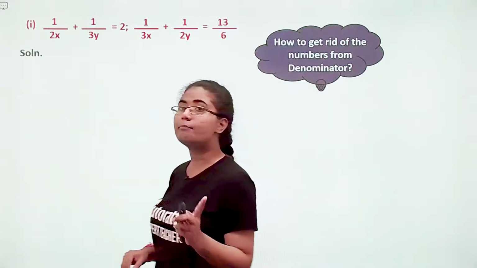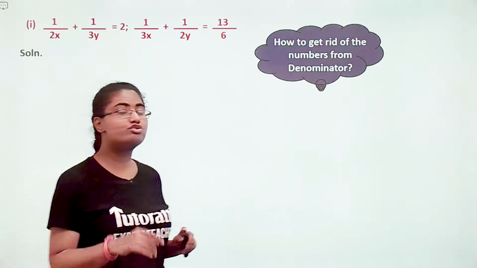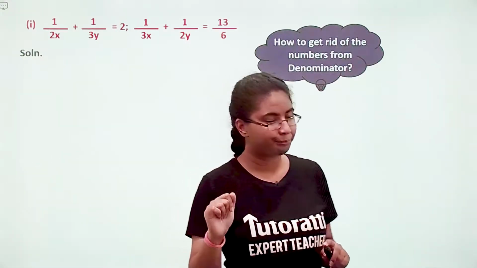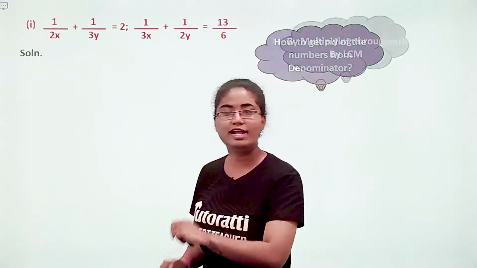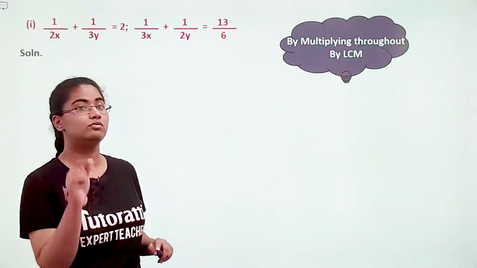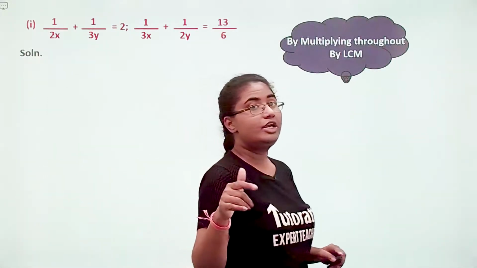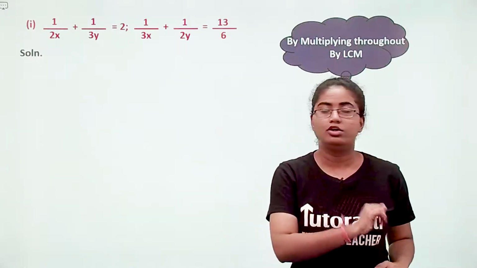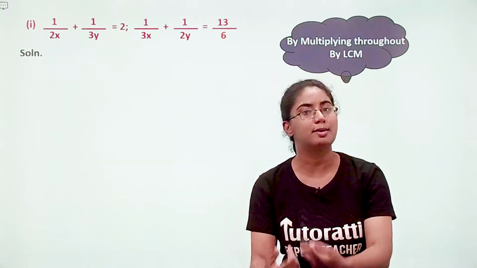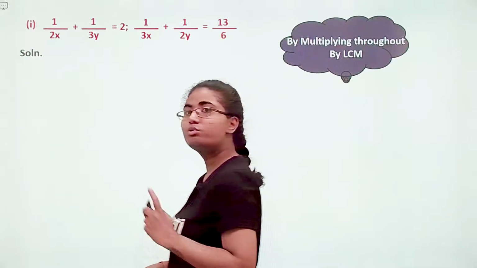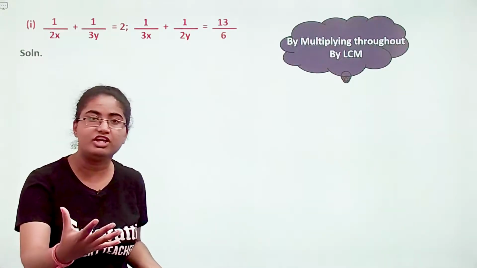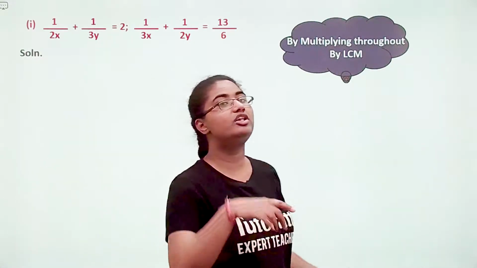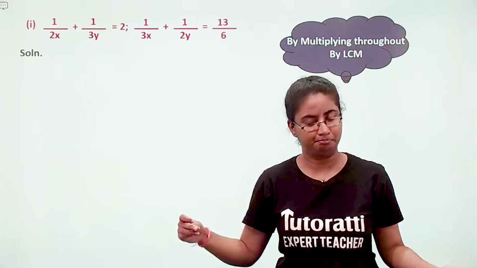To get rid of numbers in the denominator, we use the method of LCM, all right? And to eliminate variables in the denominator, we use substitution. We substitute 1 upon x with a temporary variable and 1 upon y with another temporary variable.